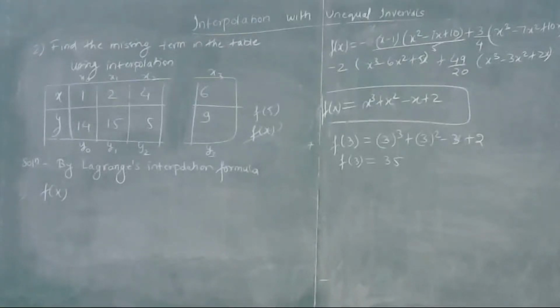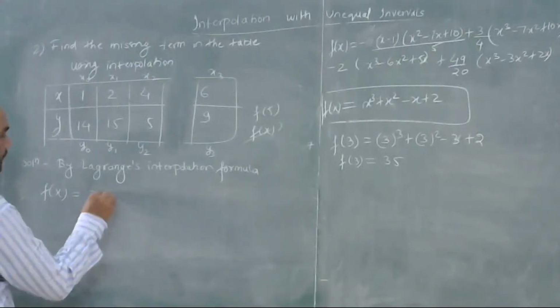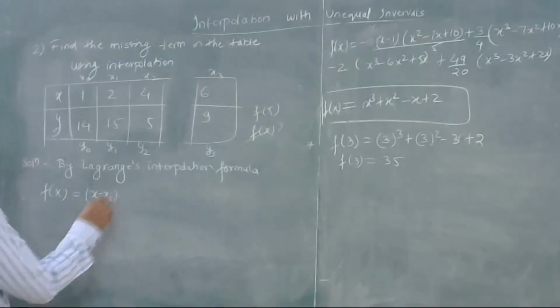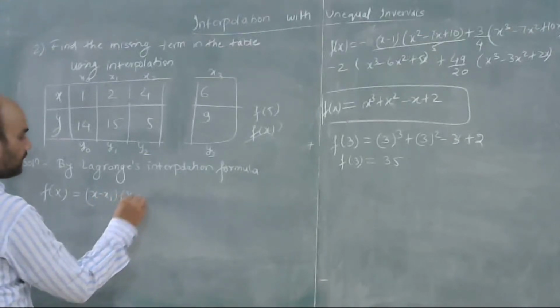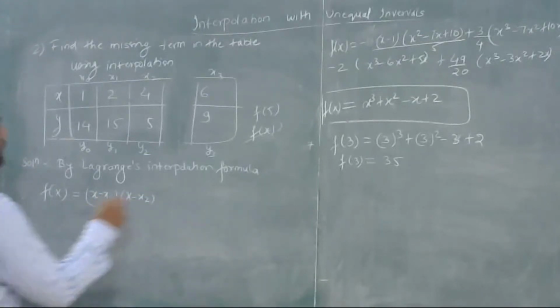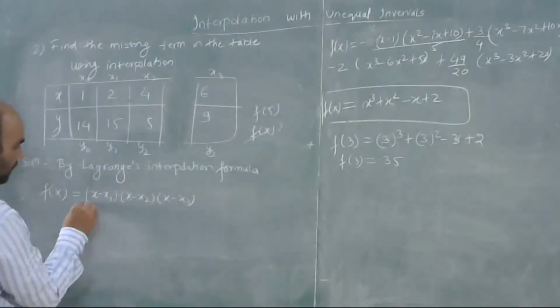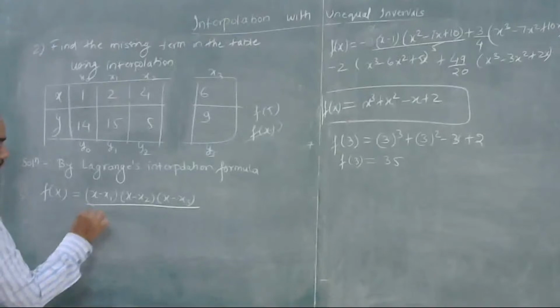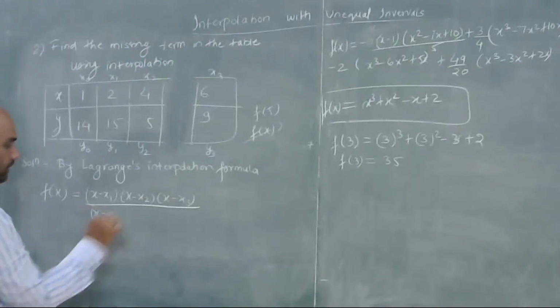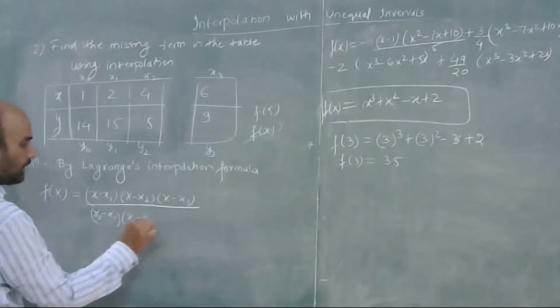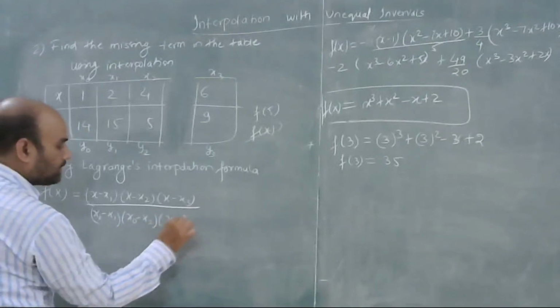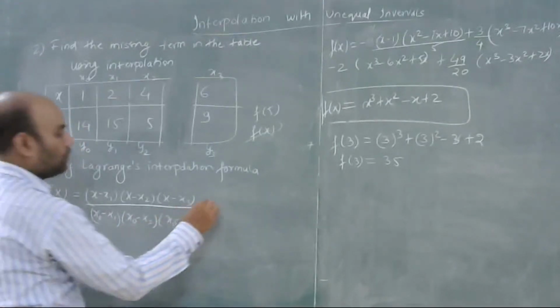Okay. So f of x is equal to, again, x minus x1, x minus x2, and x minus x3. Okay, last term is x3, and this will be x0. Okay, started with x0 minus x1, x0 minus x2, x0 minus x3 into y0.